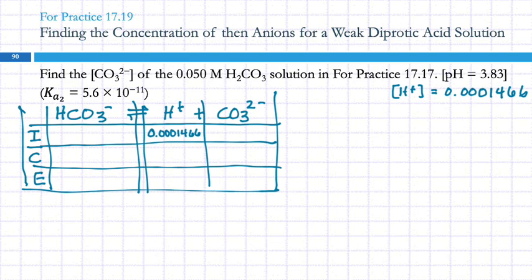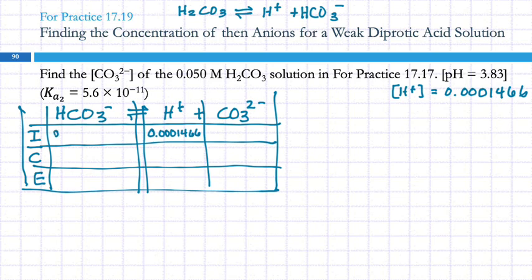Let's just write that equation up here so we can remember what we're doing. So this was the first ionization. We did the ice table. We found that the concentration of hydrogen ion was this number, and that HCO3 minus was also that number. Is everybody cool with that? So our starting concentration here is not 0.05, it's not 0, it's the same number, because we get one of these for every one of those.